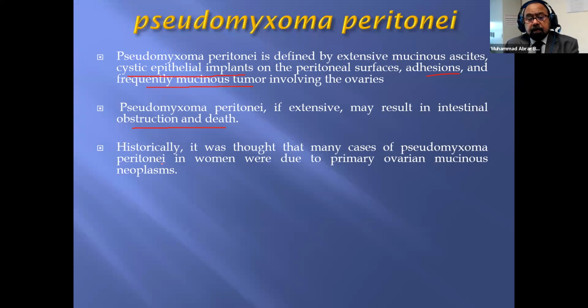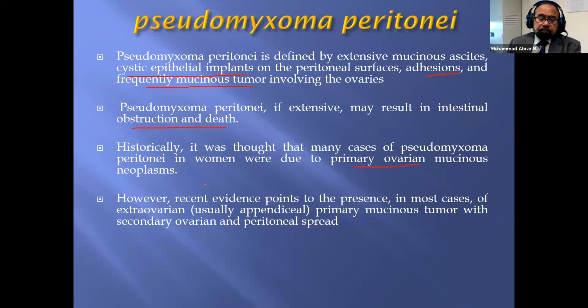Historically, it was thought that many cases of pseudomyxoma peritonei in women were due to a primary ovarian mucinous neoplasm. When we were students, it was taught that when there is a mucinous tumor, it can involve the peritoneum, and this pseudomyxoma peritonei is 100% because of the mucinous carcinoma.